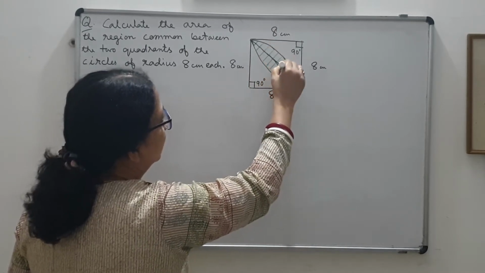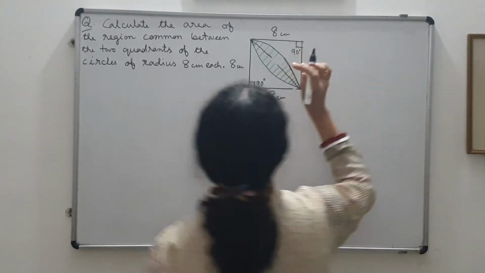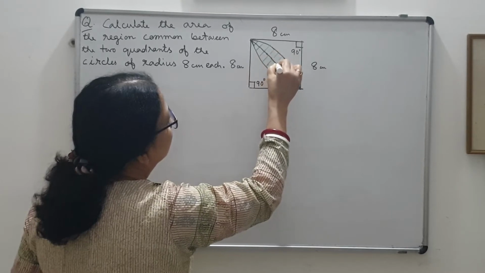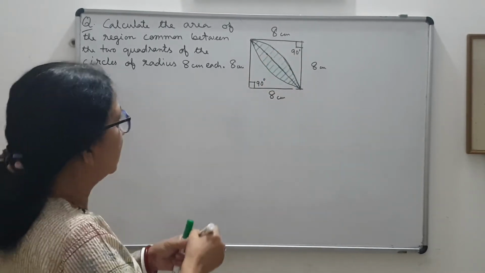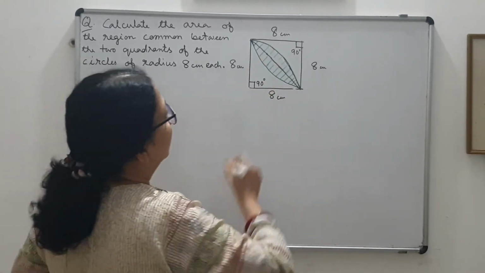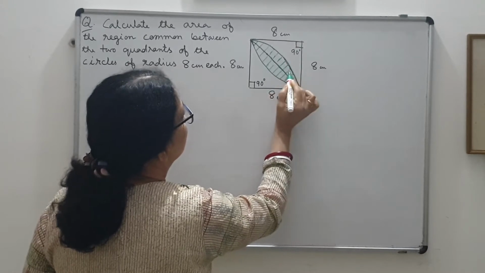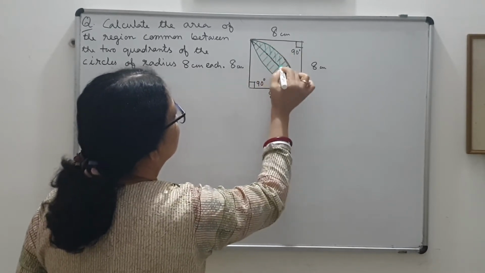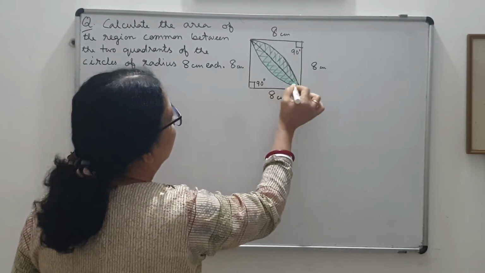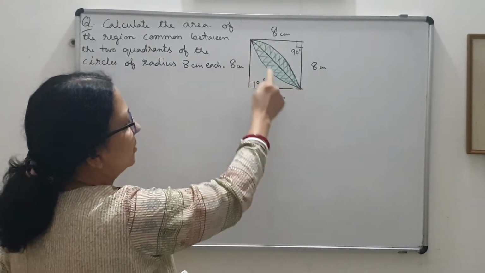This diagonal divides the common region into two equal halves. So this area is equal to this area, and so this area will be twice of these areas.